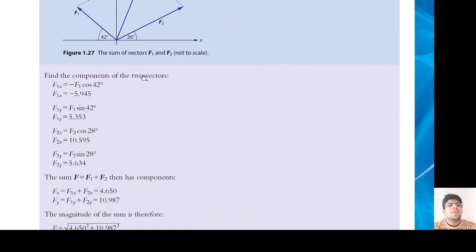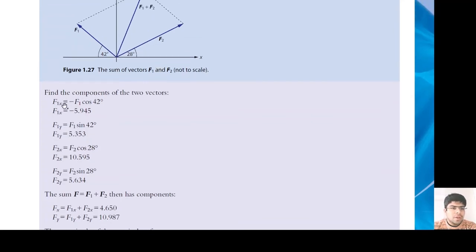So find the components of the two vectors. F1x is negative F1 cos 42, which gives minus 5.945, and F1y is F1 sin 42, which equals 5.353.